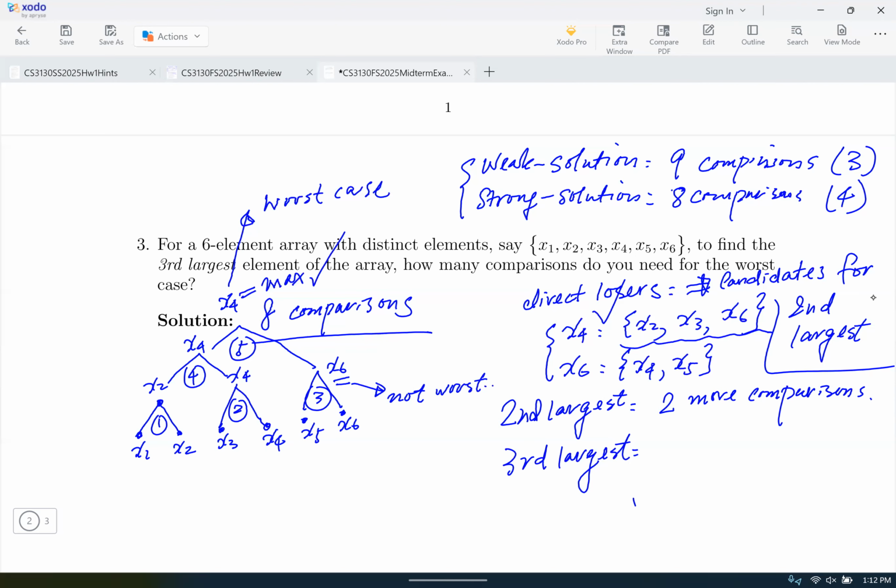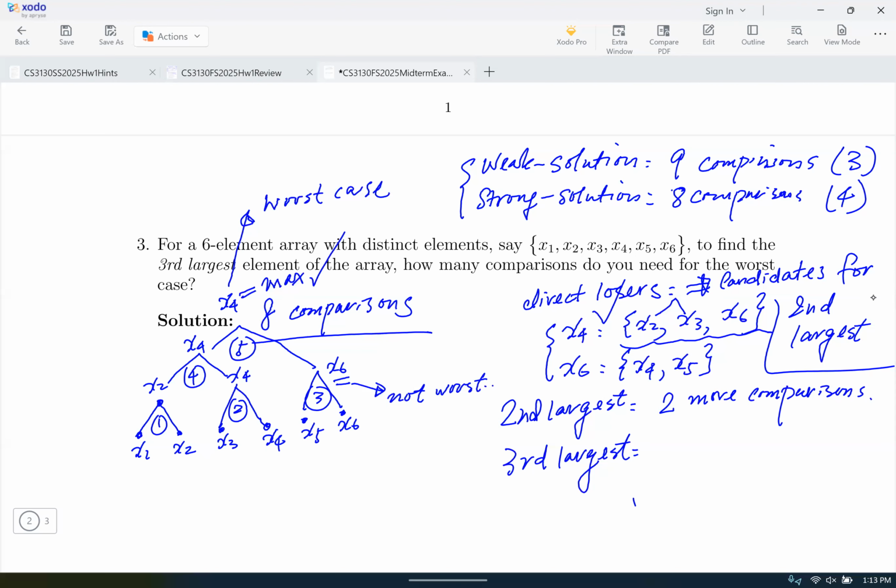So here, when you pick X2, you look at the direct losers, the more direct losers. X2 or X3, either one is fine. But you should not pick X6. If you pick X6, there are only 2 direct losers to X6. So you should not pick the second largest as X6.